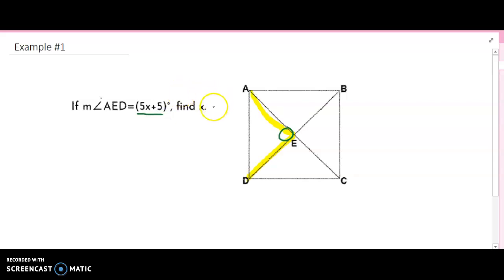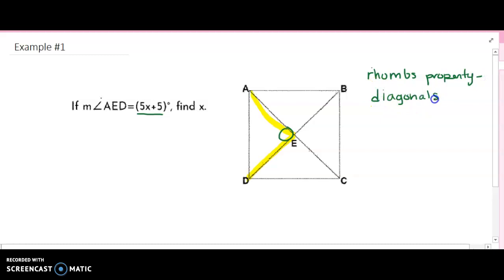Well, if you remember, this is a square, and so a square is a rhombus, and one of the properties of a rhombus is that its diagonals are perpendicular. Okay, its diagonals are perpendicular. And since a square is a rhombus, and it holds all properties of a rhombus, that means that this here has to be diagonal, which means it's a 90-degree angle.